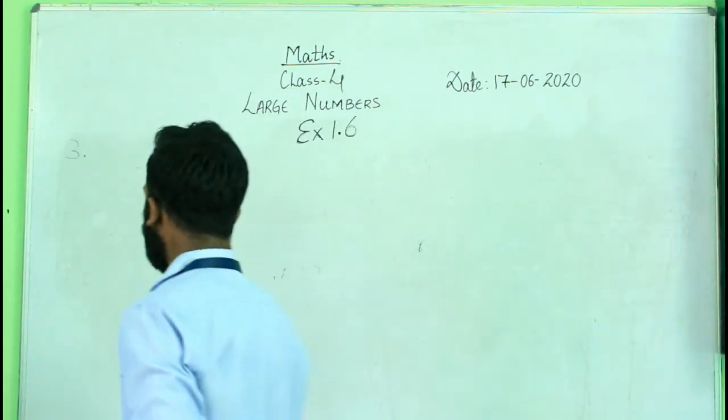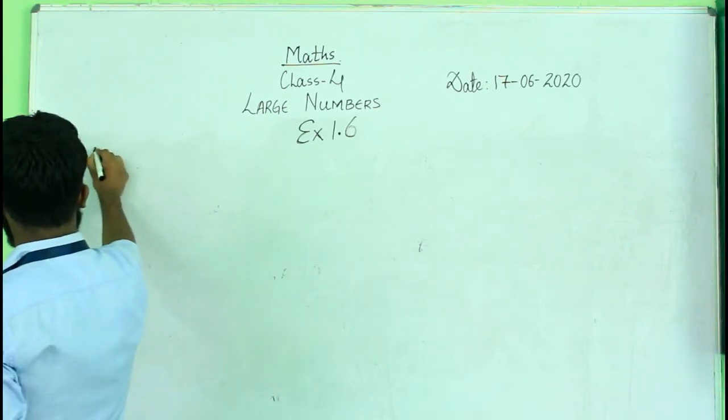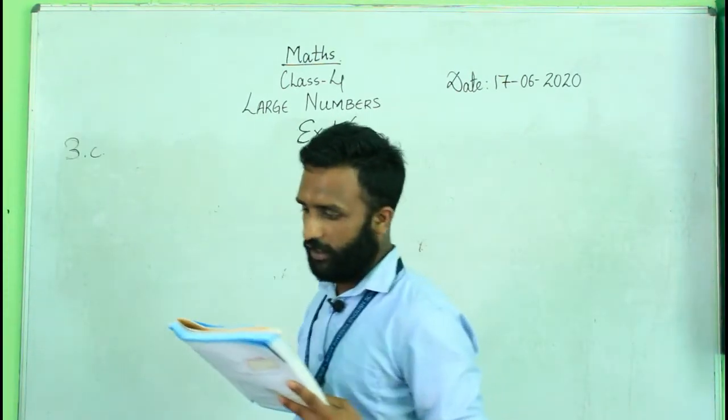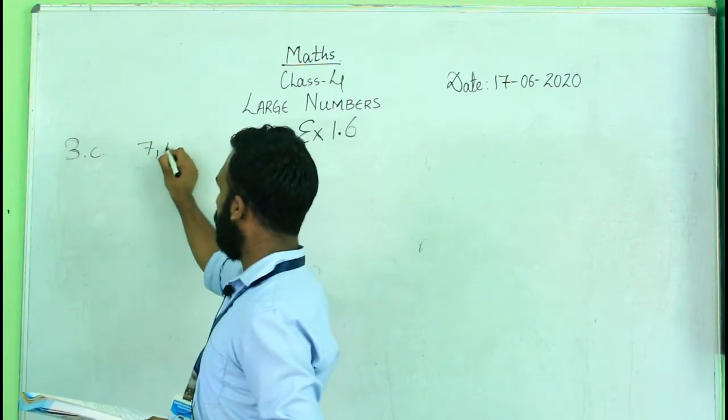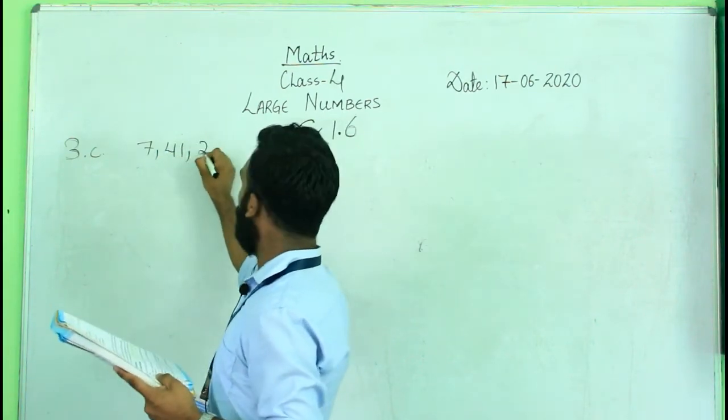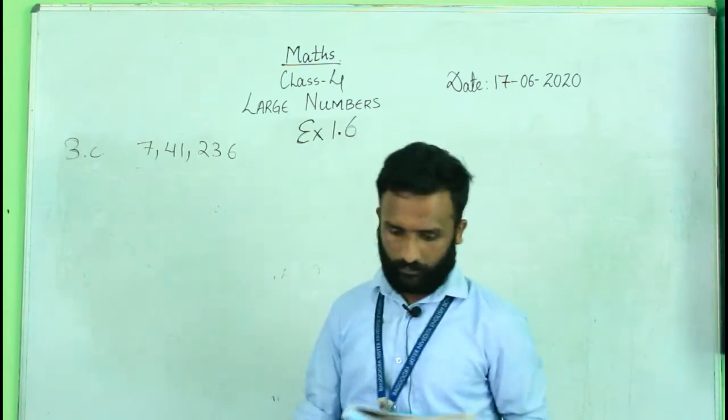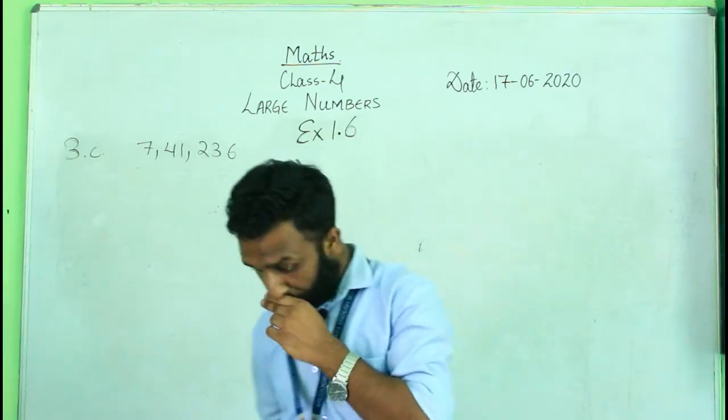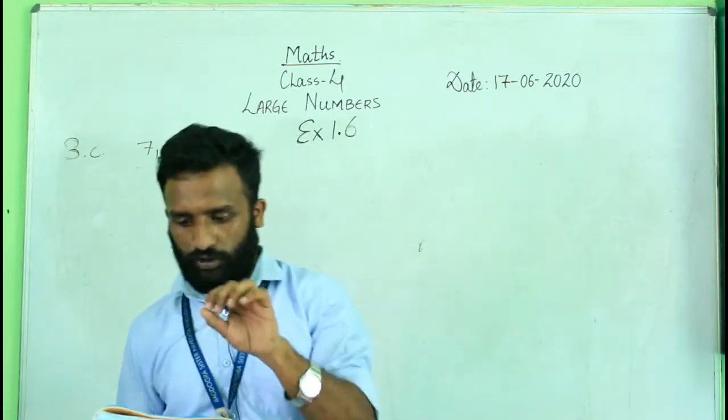I am going to do number C from question number 3. See here, the number we have is 7,41,236. Now let's round the given number to the nearest 1000.